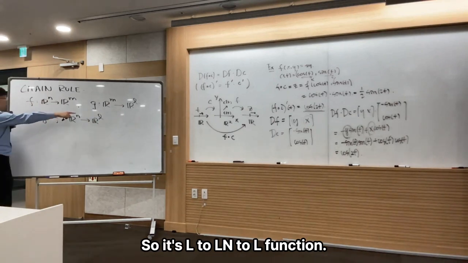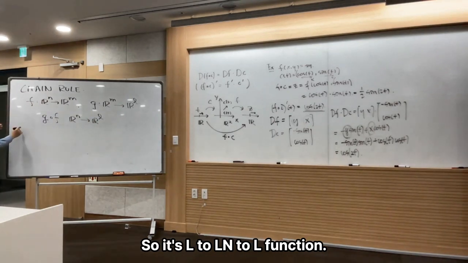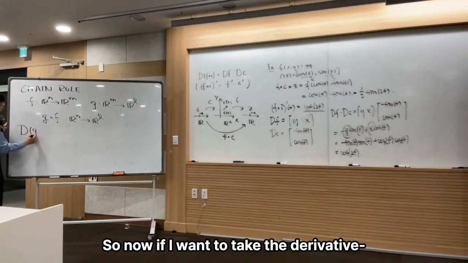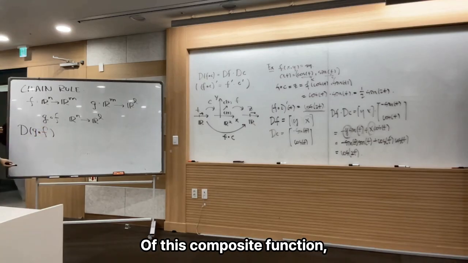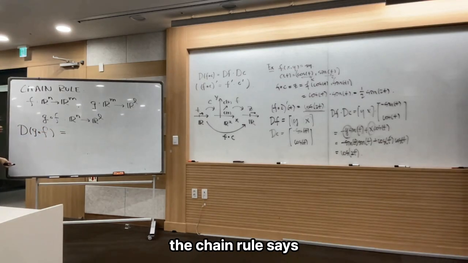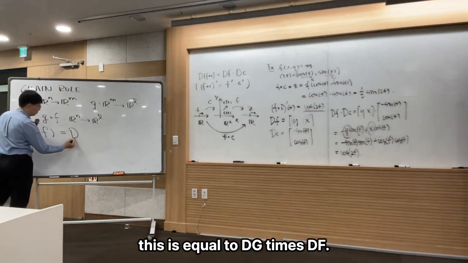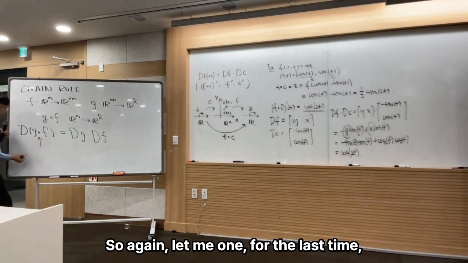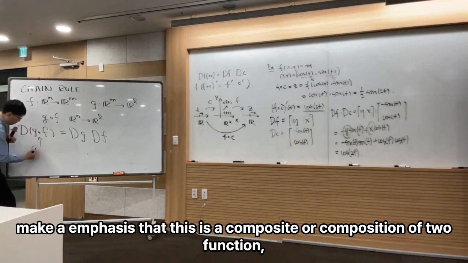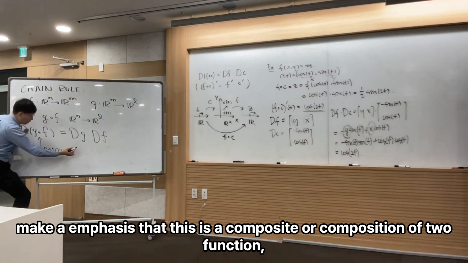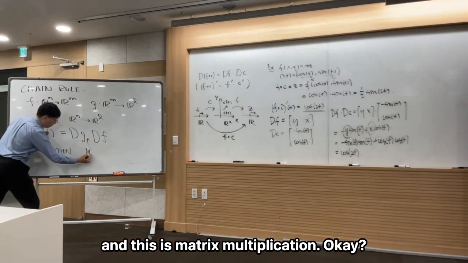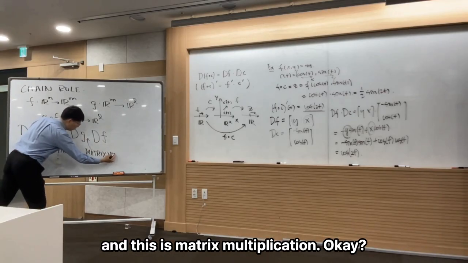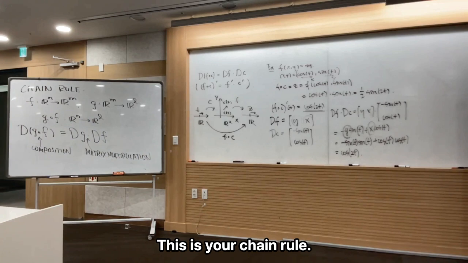So it's an n to l function. Now, if I want to take the derivative of this composite function, the chain rule says this is equal to dg times df. Once more for the last time, I emphasize that this is a composition of two functions, and this is matrix multiplication. This is your chain rule.